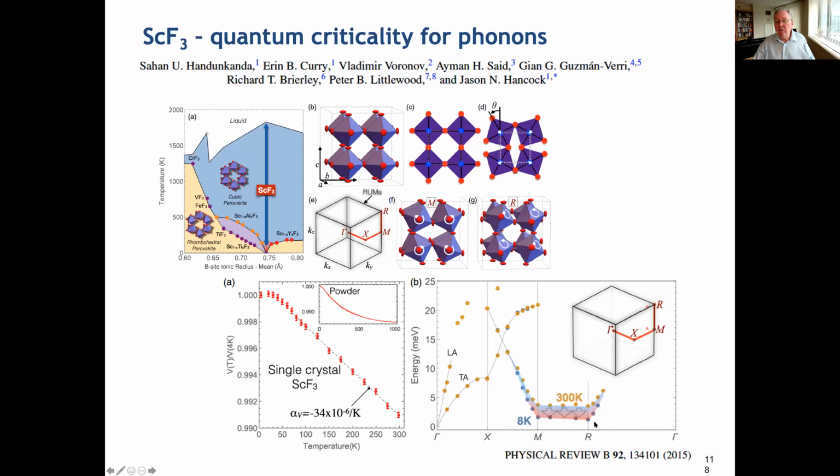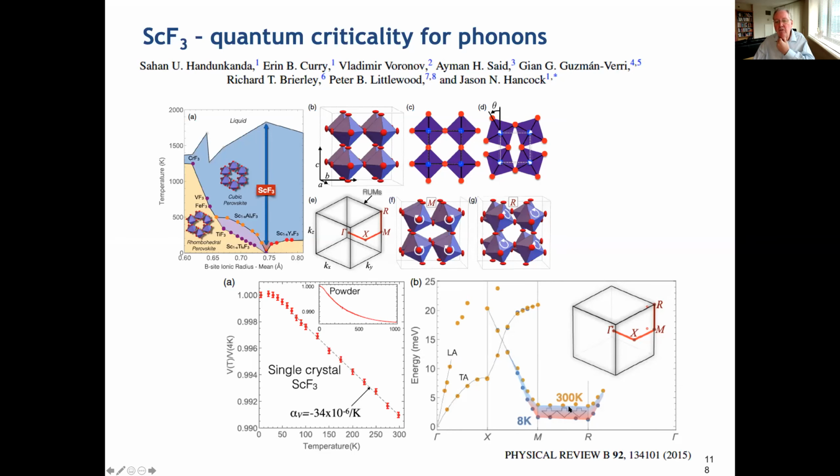Despite the fact, and here are the fluctuations that you were talking about, if I look out on the zone boundary, there are soft zone boundary modes running all of the way from the N to the R point in the Brillouin zone, corresponding to these fluctuating rocking motions. And they're incredibly soft.